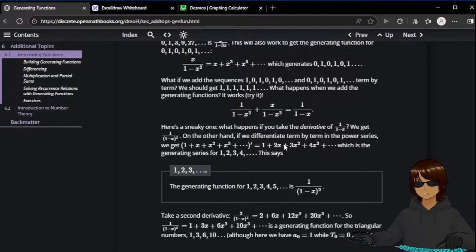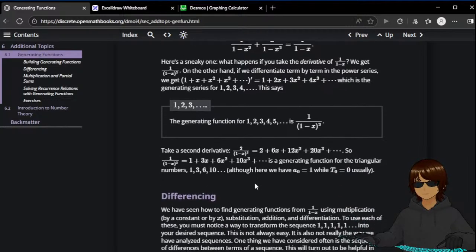So if x is 1, then we get 1 over 1 minus 1, which gives an error.